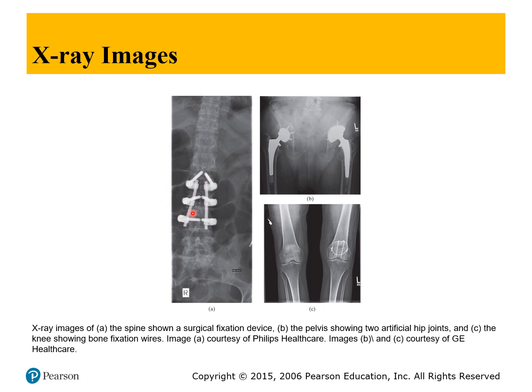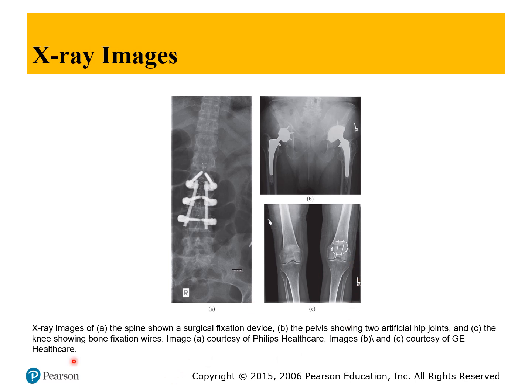This is called fusion, where you have two vertebrae and you screw some plates and screws around it so that they don't move. This is a treatment for people with arthritis, because if you have arthritis, the bone will be moving on top of another bone, and that's very painful. And you have total hip replacement, the pelvis showing artificial hip joints, and the knee showing bone fixation wires.